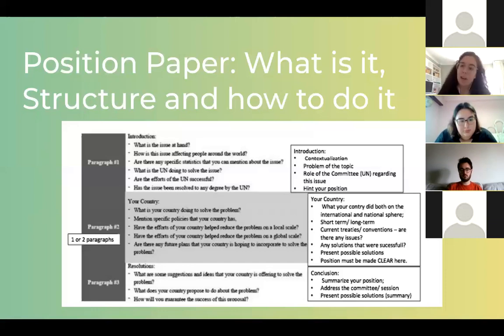You can just hint at the treaties you signed. This is the best part, I think, to tell a bit about the treaties you signed, or if you're part, especially, of the African Union or the European Union, what have you done as international associations to resolve the topic, just slightly hinting at your position.